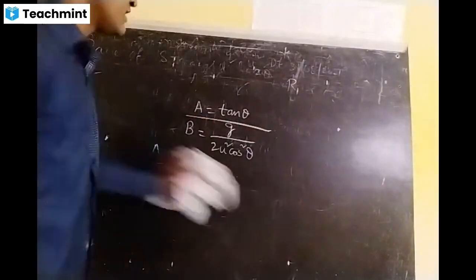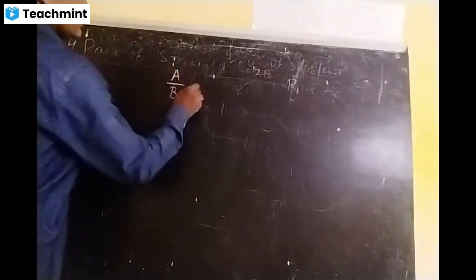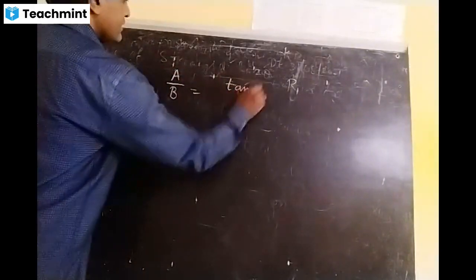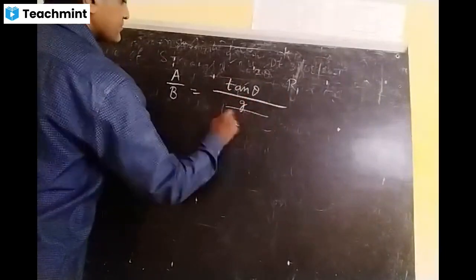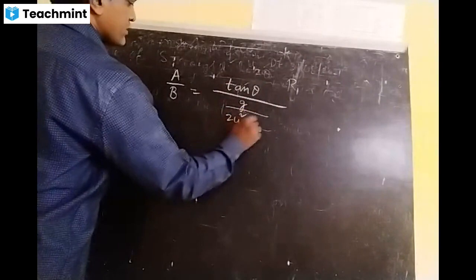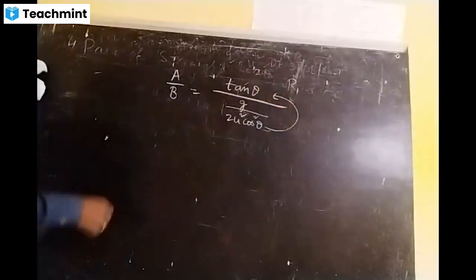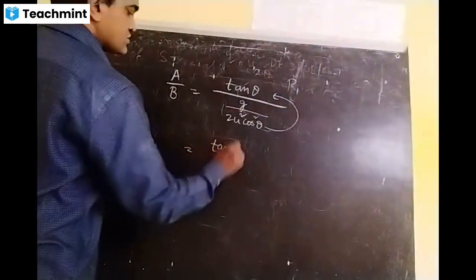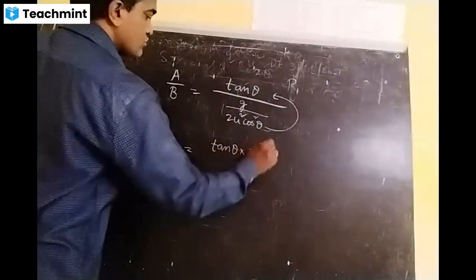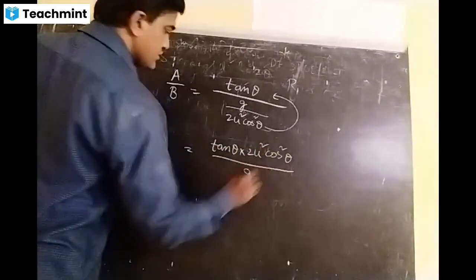A by B is equal to tan theta upon g by 2u square cos square theta. So I can take this to the numerator: tan theta into 2u square cos square theta by g.